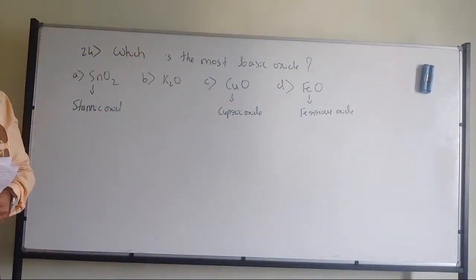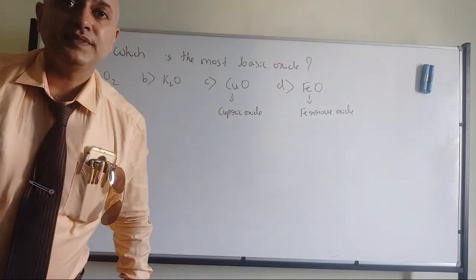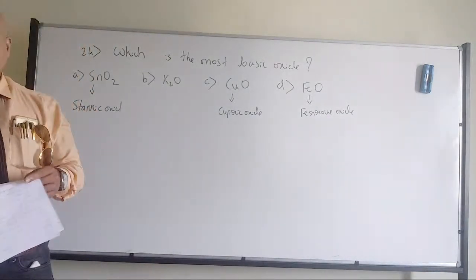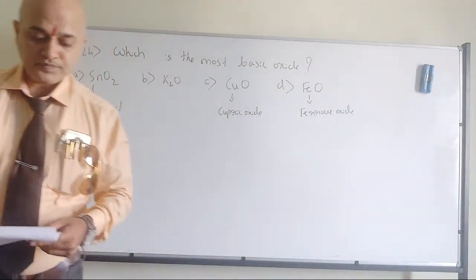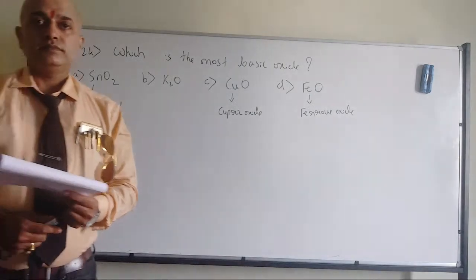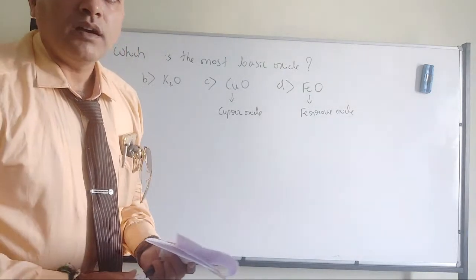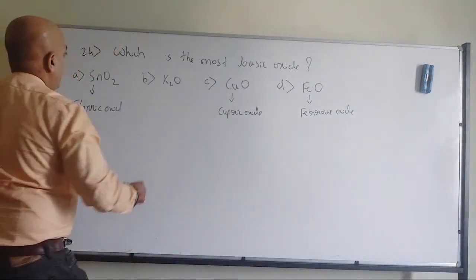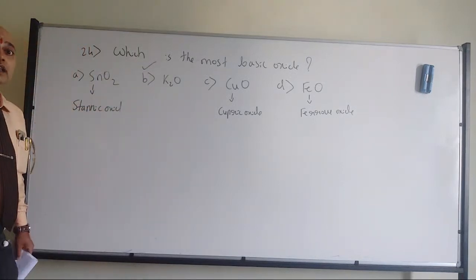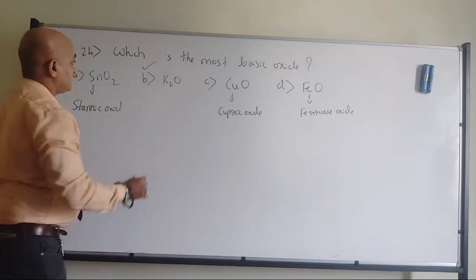Now tell me, which should be the most basic oxide? Already we have discussed. Okay, Darshan has written option B, absolutely correct, because we have an alkali metal oxide, and an alkali metal oxide should be basic.